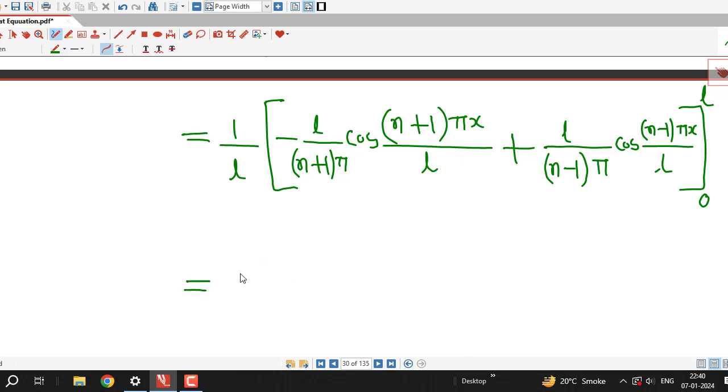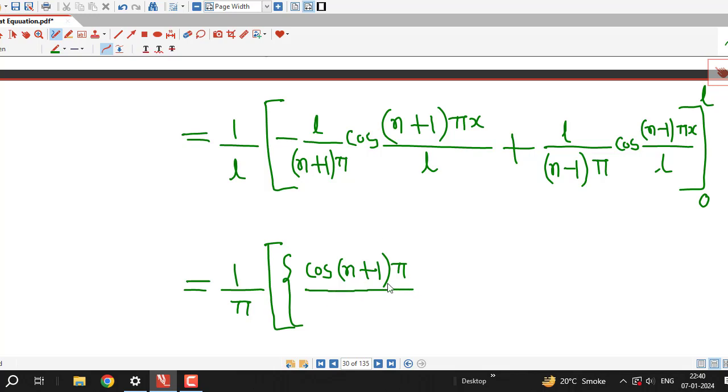So we can do it simultaneously. L will get cancelled, and we can write 1 over pi outside, and if we take the upper limit, we will have cosine of n plus 1 times pi if I take x equal to L, and in the division here I have n plus 1 into pi, which I have written outside.